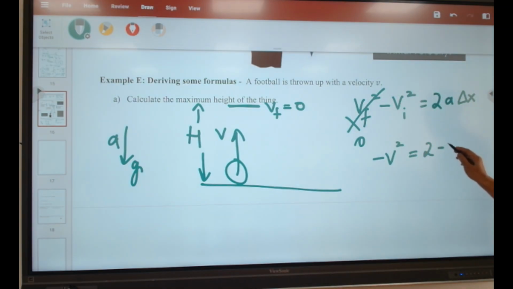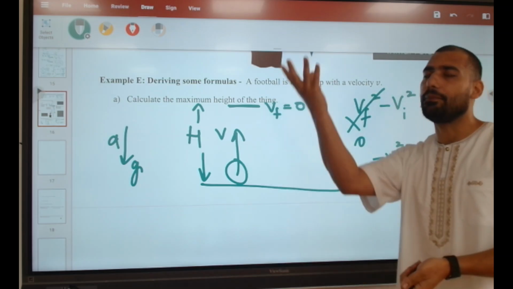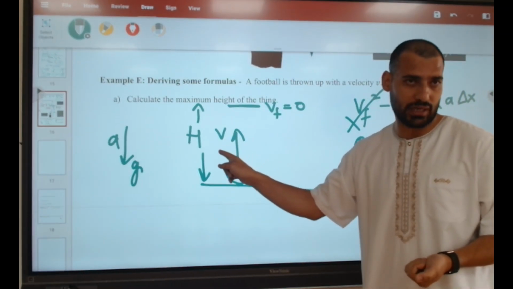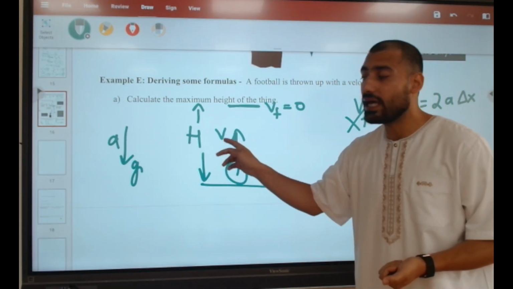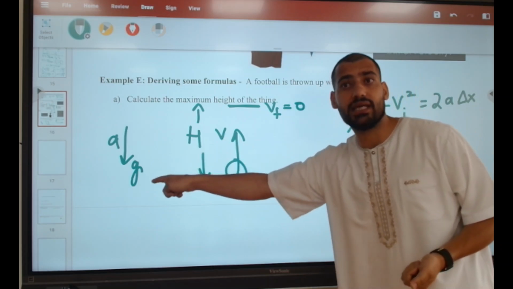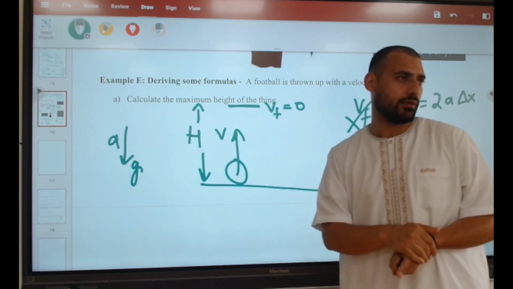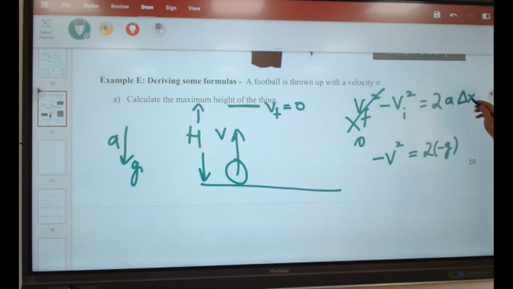I write negative g, because up is positive, because you're throwing the body up. So you take v as positive. If v is positive, then h is positive, but g is negative. Understood?